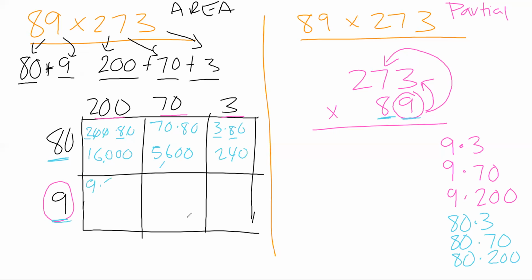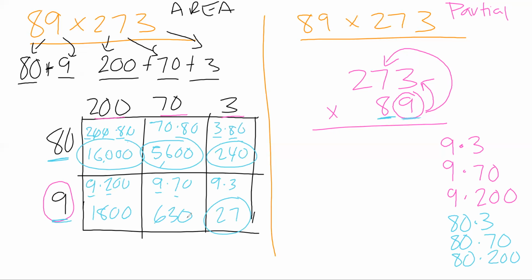Now we have 9 times 200, so that's 18 and 2 zeros. And then we have 9 times 70, which is 630. And then we have 9 times 3, which is 27, right? So I take all these and add them together to get my answer.